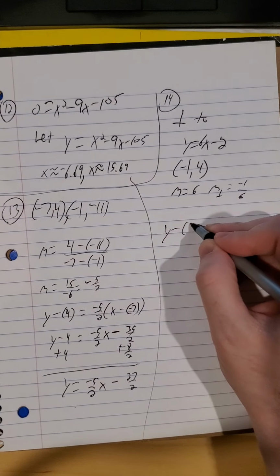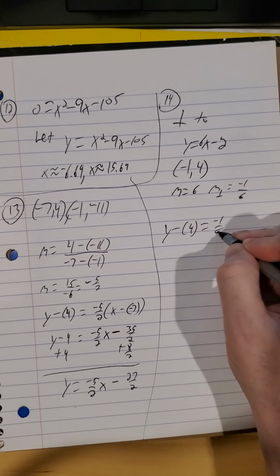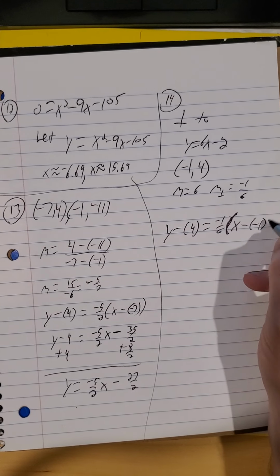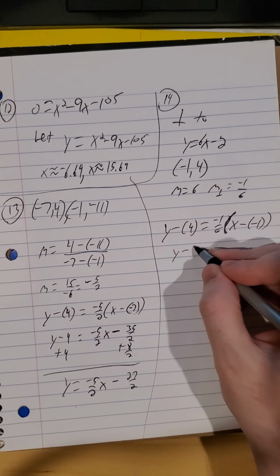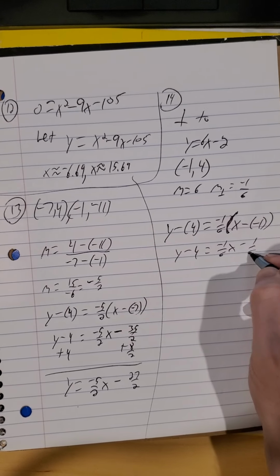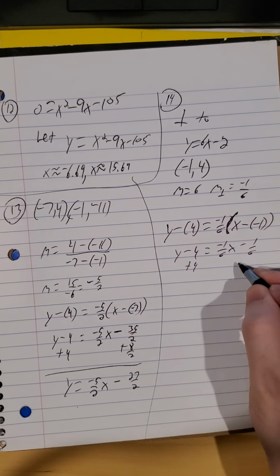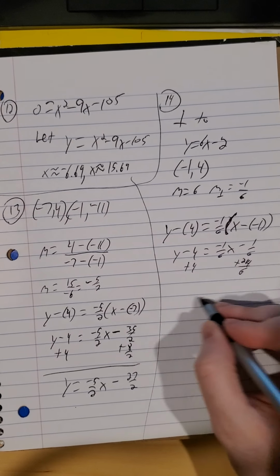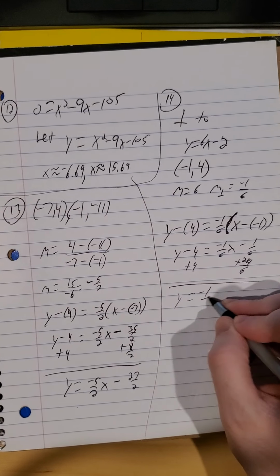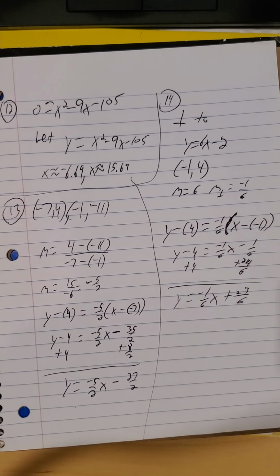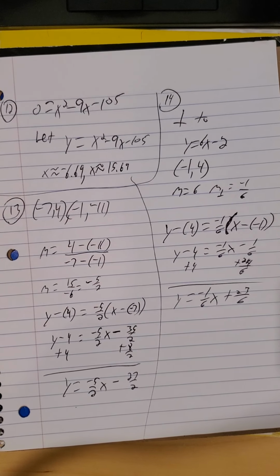So change in y is the desired slope times change in x. So y minus 4 is negative 1/6 of x minus negative 1/6, and I'll add 4 in the form of 24/6. So y is negative 1/6 of x plus 23/6, or the other two equivalent forms you can get for that.